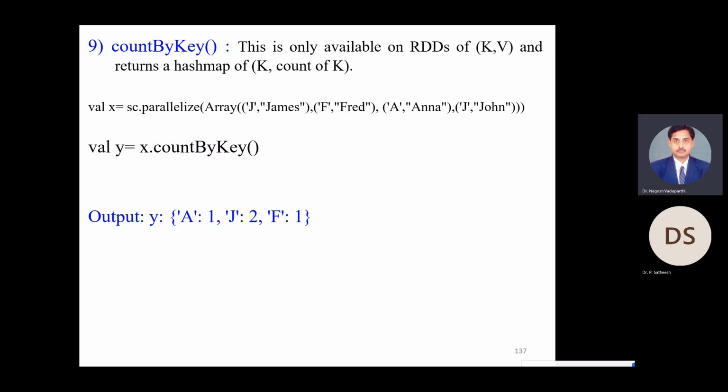Count by key. This is only available on RDDs of key, value pairs, and returns a hash map of key and count of key. Hash map, I think everybody knows the hash index table in data structures.